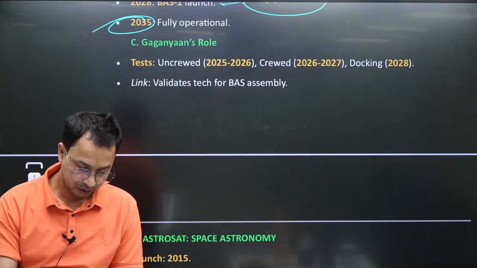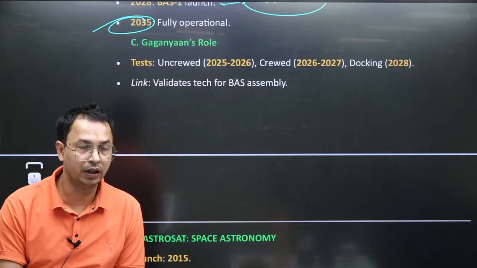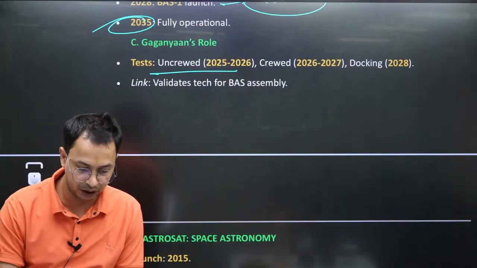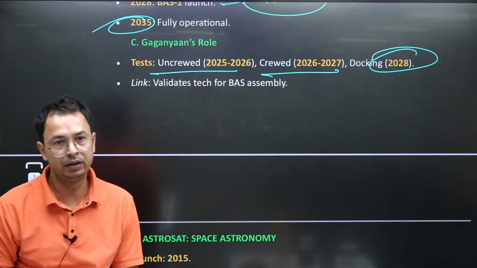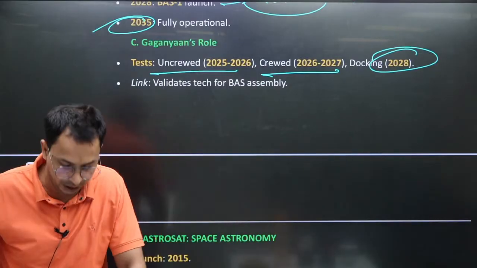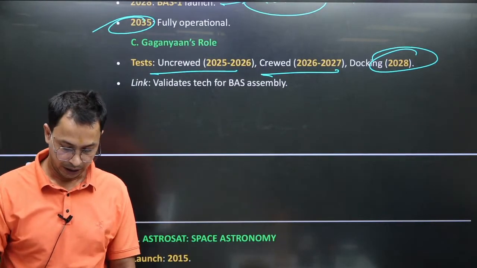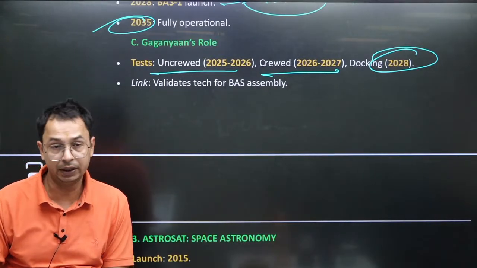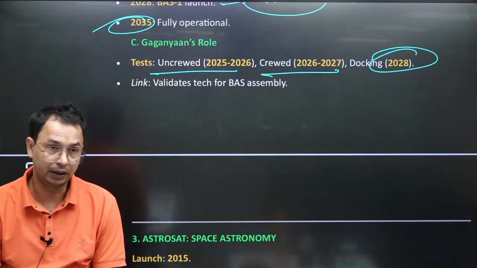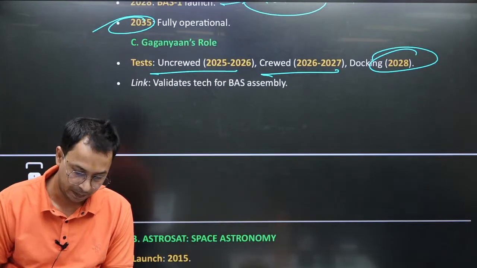And here the role of the Gaganyaan: the first 2 uncrewed flights, then there will be 2 crewed flights, then docking will start just after the 4th, and by 2028, because we are planning that we will send the core of the Bharatiya Antariksh Station in 2028.